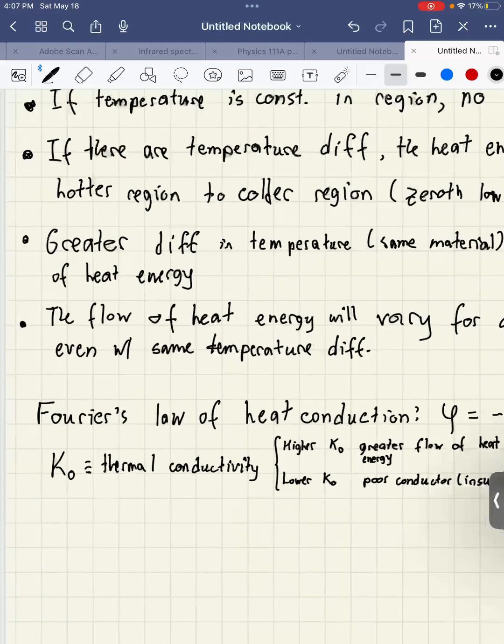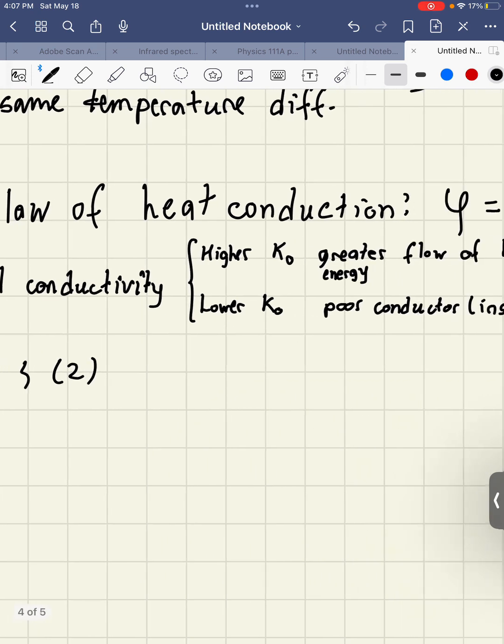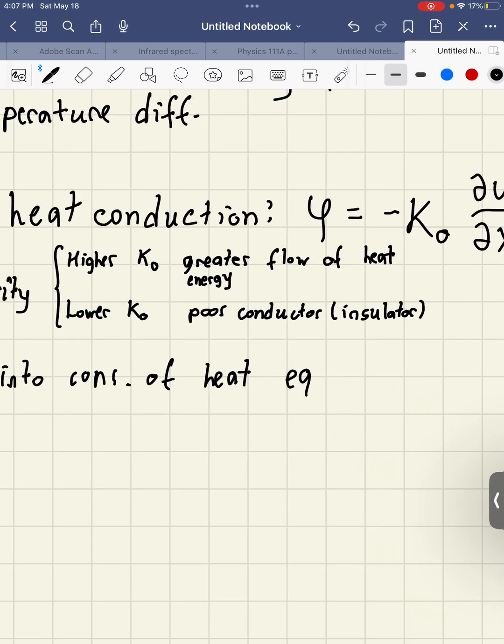Now, substitute our equations 1 and 2 into the conservation of heat equation.